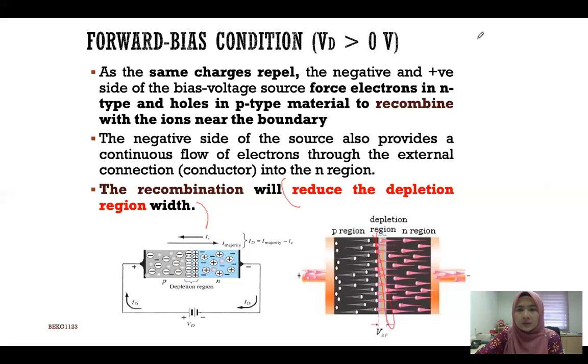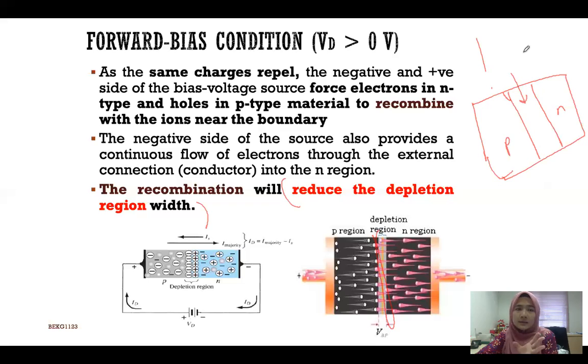So if I draw, this is the P region, this is the N region, and when there is no bias, you still have the depletion region. This is no bias.